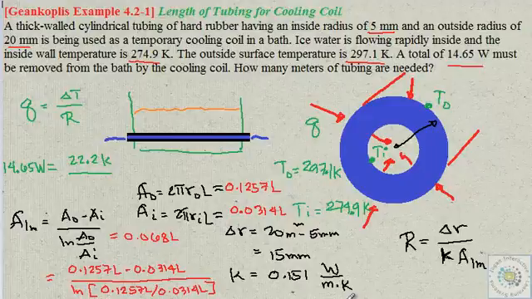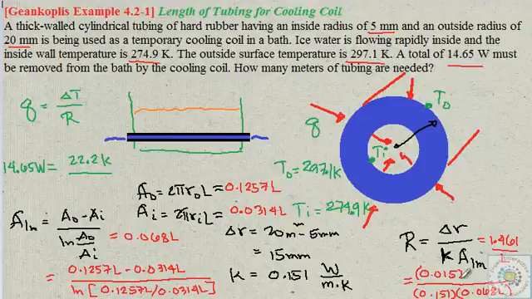Now we can directly compute the resistance R. The thickness delta R will just be 15 mm, or 15 divided by 1000 meters. Putting in the K and the log mean area, we get 0.015, the thickness in meters, over 0.151, the conductivity, times 0.068 L, the log mean area. That leads us to a resistance of 1.461 over L. What will be the unit of this?